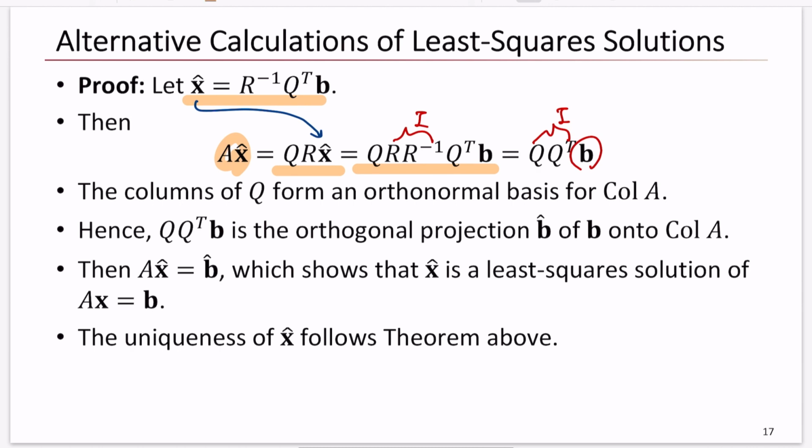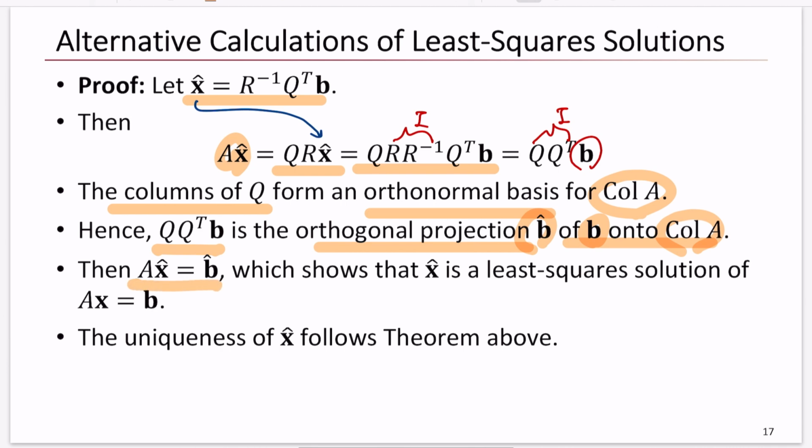So in other words, the columns of Q form an orthonormal basis for the column space of matrix A. That's the definition of the Q matrix in QR decomposition. Q Q transpose b is going to be the orthogonal projection of b onto the column space of matrix A. That's the definition.